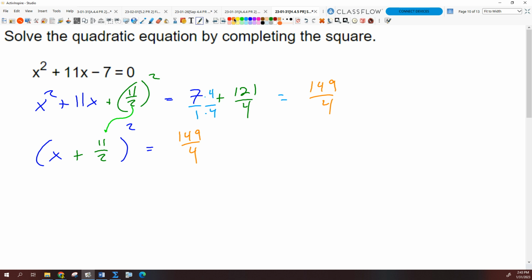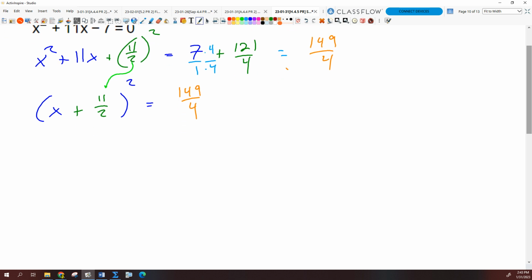Now what? We just isolate x. So what do I do? Square root both sides. So I'm going to get plus or minus, right? Plus or minus the square root of 149 over the square root of 4. What's the square root of 4? 2.